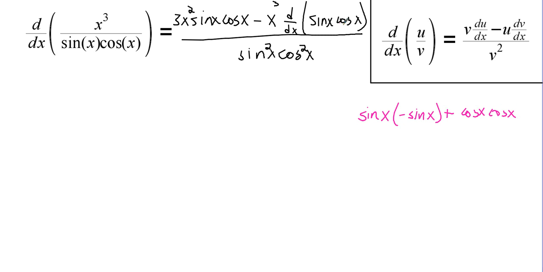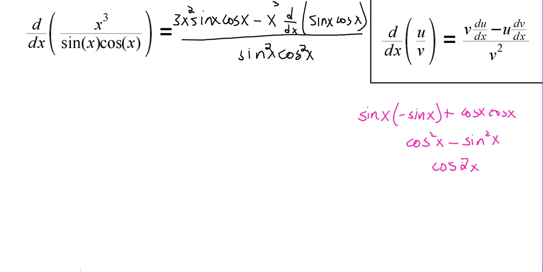If you're unsure about the product rule, there's another video up for the product rule. This simplifies down to cosine squared x minus sine squared x. And using a trig identity, that's equal to cosine of 2x.